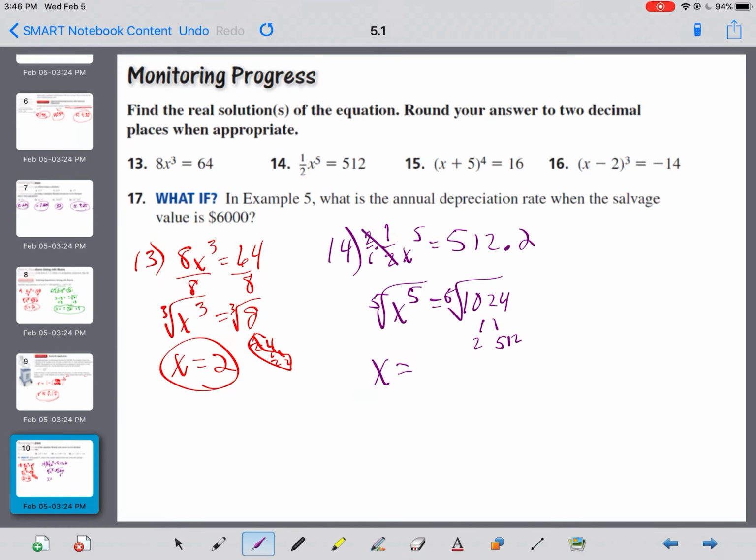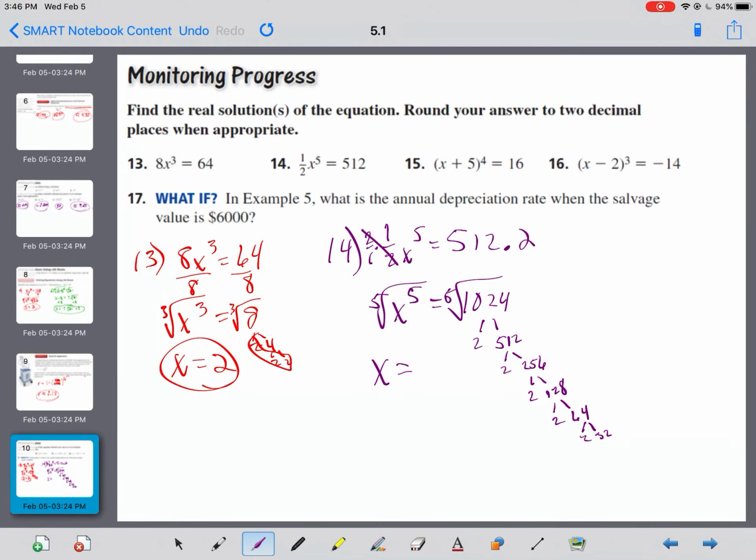Well, 1024 divided by 2 we know is 512. Divided by 2 is 256. Divided by 2 is 128. Divided by 2 is 64.